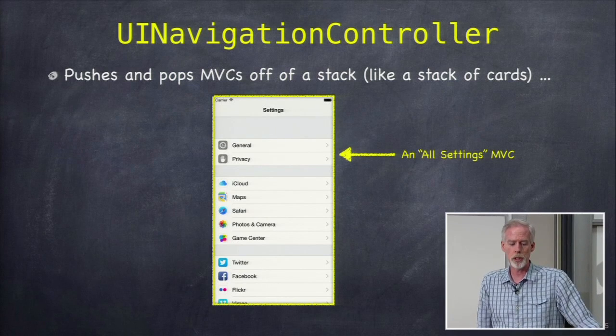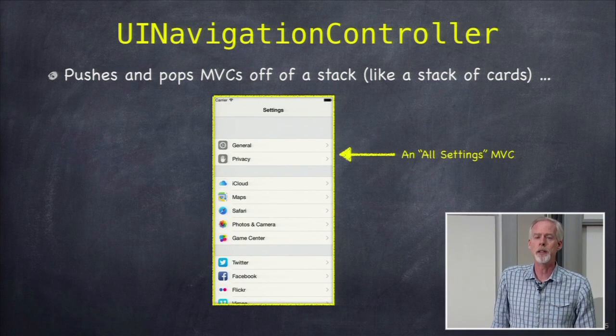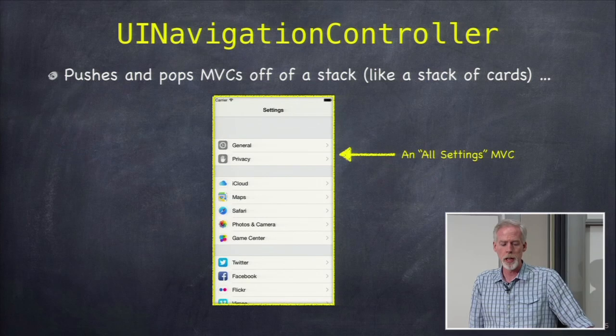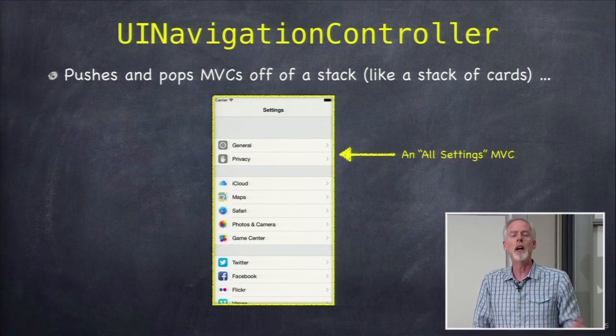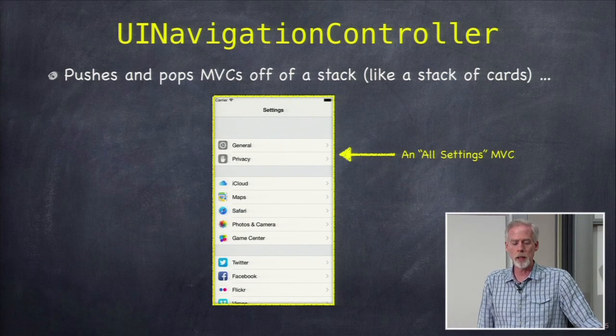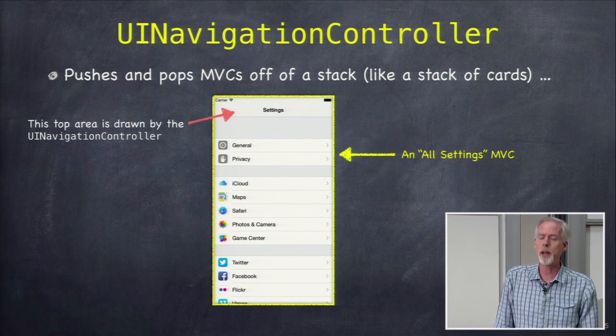So here's a navigation controller, and it's got an MVC in it. This is the all settings MVC from your device. If you go look on your iPhone or whatever, you'll see the settings app looks like this. So this is just an MVC that's the top level, has all the settings accessible from here. Now the navigation controller is drawing only a little part of its view here, which is that title bar.